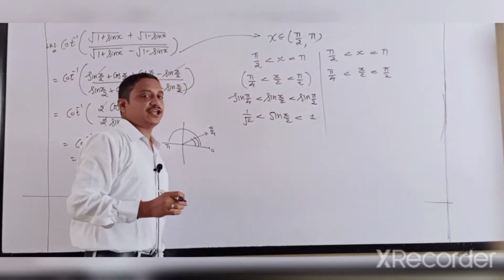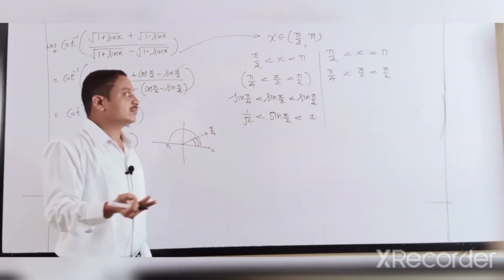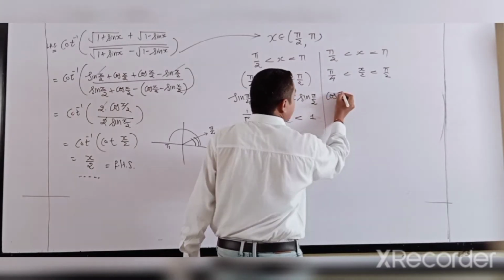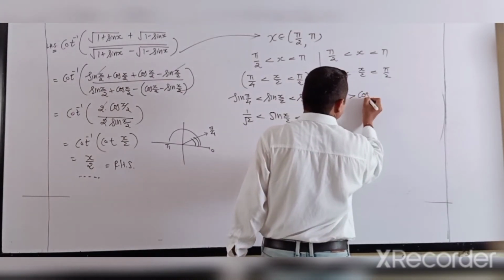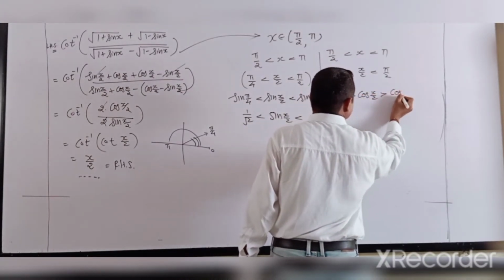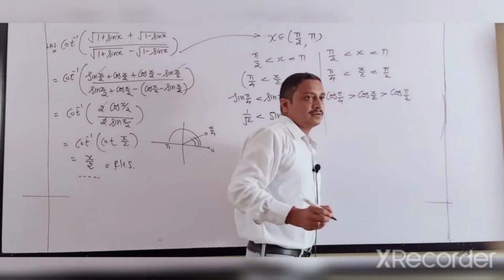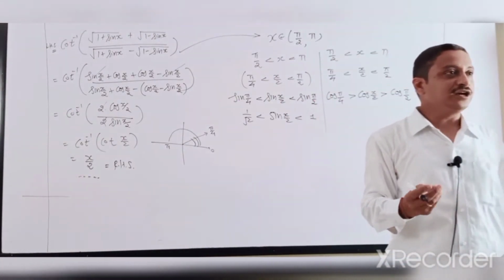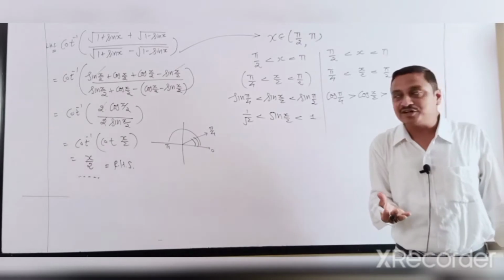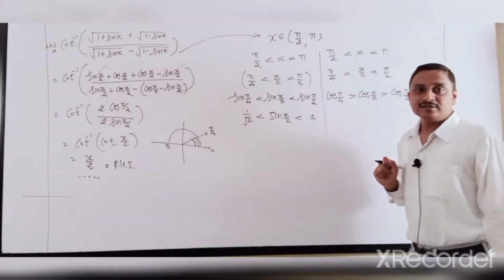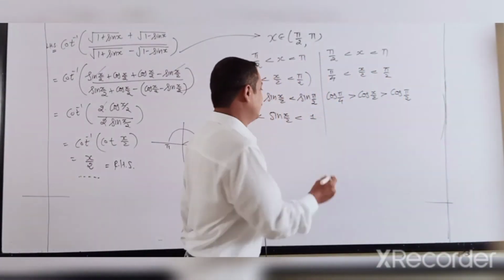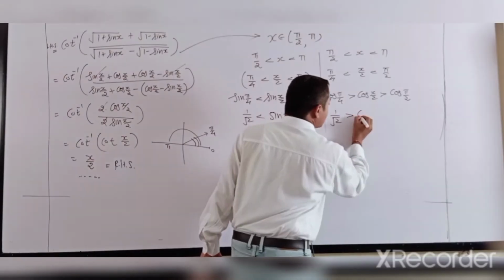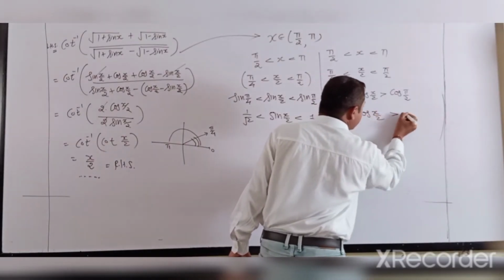Here check the sin range, 1 by root 2 to 1. Cos apply, inequality changes definitely. You know, students, why the inequality changes? Because cos is a decreasing function, and for a decreasing function the inequality changes. Now cos 45 is 1 by root 2. What is cos 90? 0.